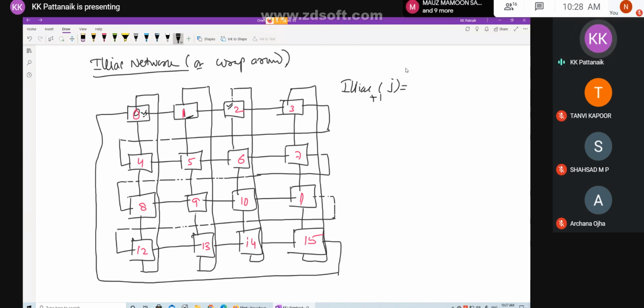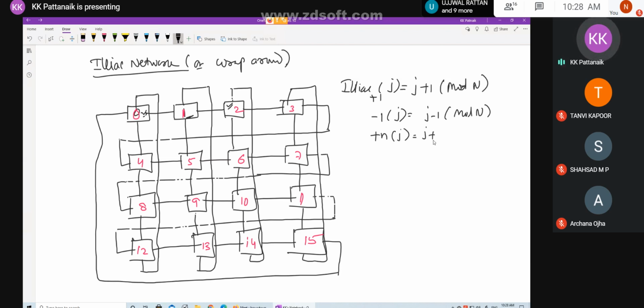So iliac plus 1 j is equal to j plus 1 mod n, and similarly iliac minus 1 j is equal to j minus 1 mod n, and this basically talks about where it is connected.